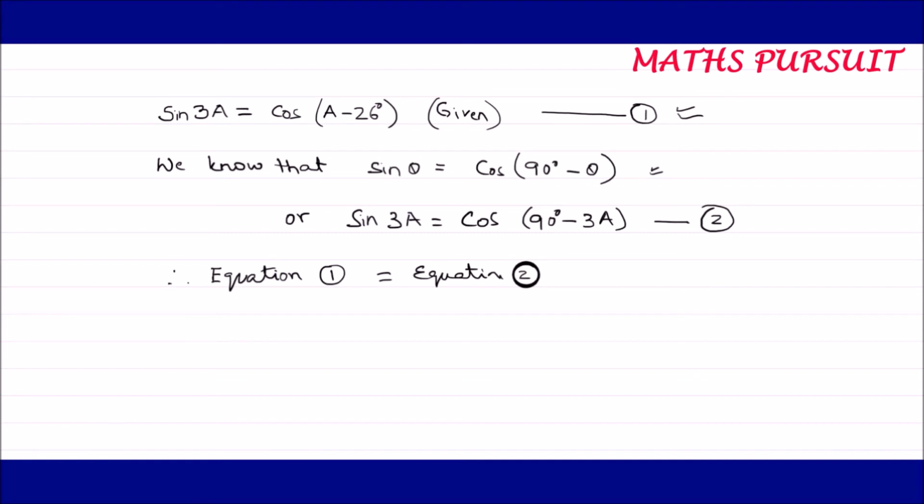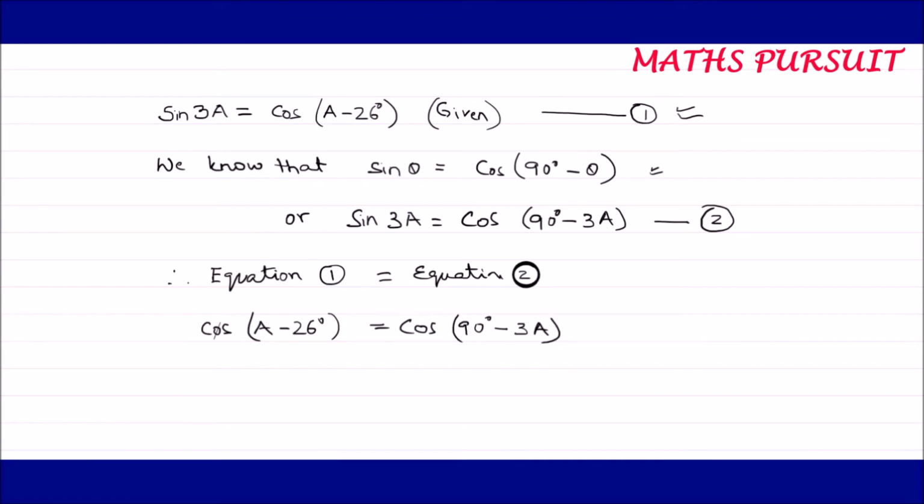If equation 1 is equal to equation 2, then I can write cos (a minus 26 degree) is equal to cos (90 degree minus 3a).